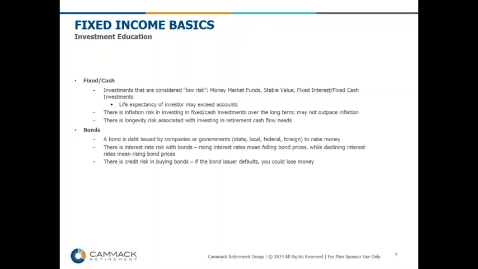So we start with fixed income. This is the asset class that has the least amount of volatility and can be considered capital preservation. First you see fixed and cash. These are the lowest risk investments and tend to be low income but capital preservation for your participant. They include money market funds, stable value funds, fixed interest rate funds.